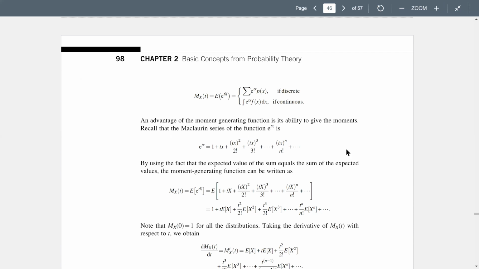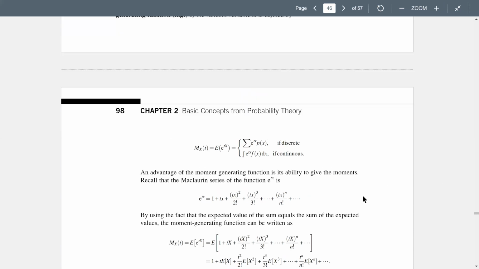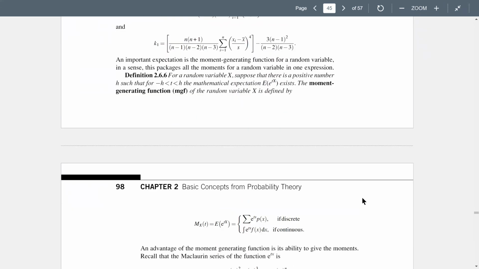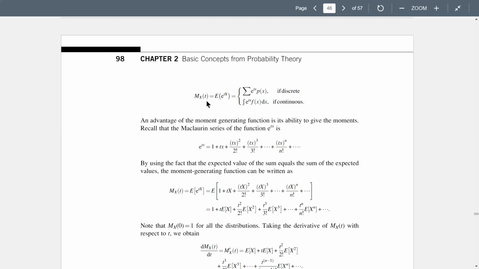Let me show it. Here's a moment generating function. Moment generating function of random variable x is to what? The moment generating function of a specific value of x is to find its expected value of what? E to the power of tx. So to find the mean of x is E of x.